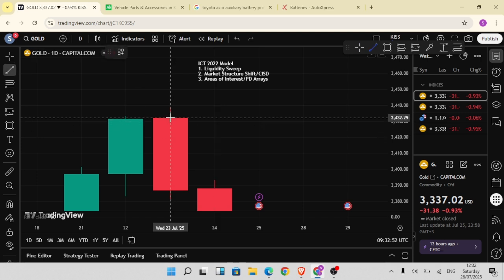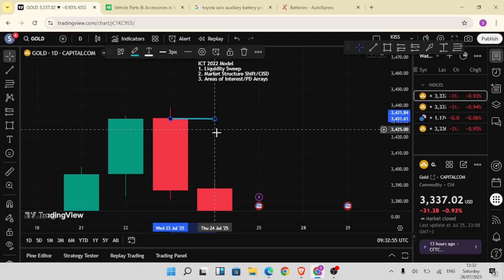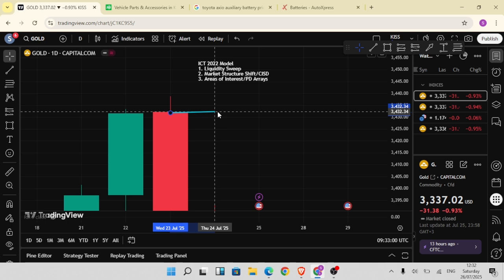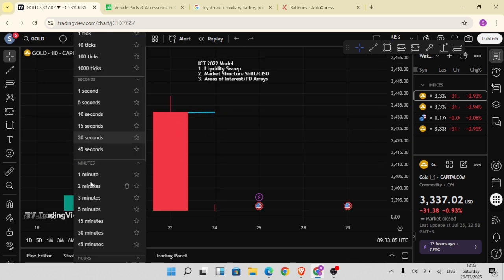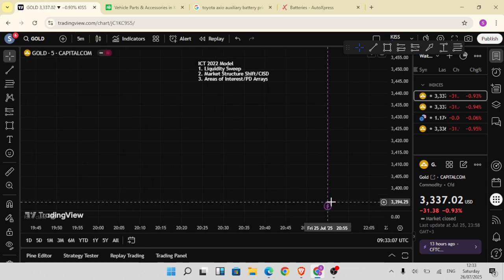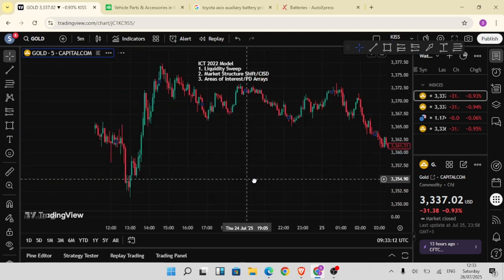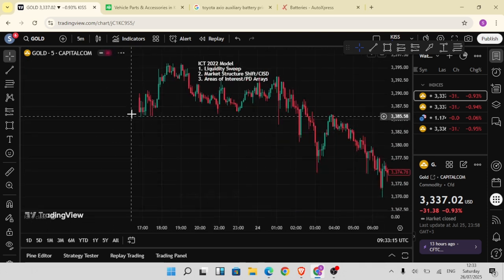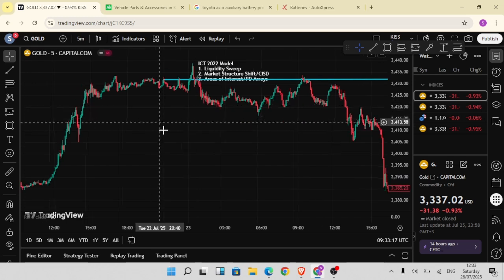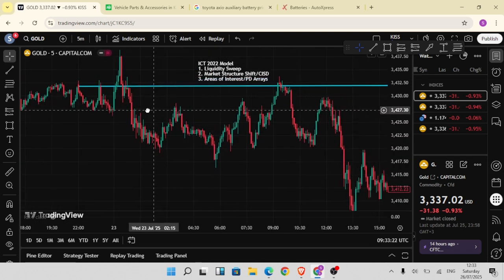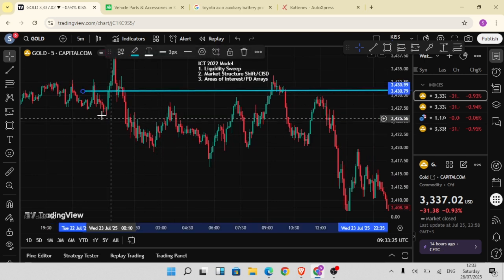So the Wednesday candle opens here at midnight. The moment it opens in the daily time frame, we want to go to the 5-minute time frame. We want to look for that midnight open, which is right about here.